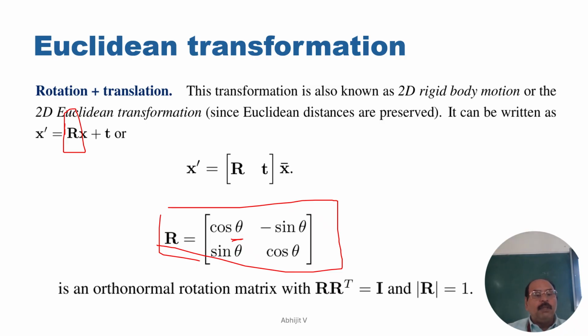Mathematically, it can be written as x dash equals Rx plus t. And R is an orthonormal matrix. That means the determinant of matrix R is 1, and R into R T, where R T means R transpose, will be an identity matrix.